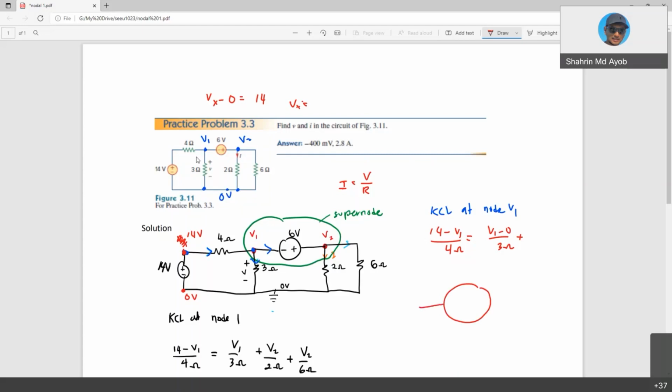Meaning that you have the current here through 4 ohms, then another one which is 3 ohms here, then another one 2 ohms, and another one which goes out to 6 ohms, right? So this is the supernode. You regard V1 and V2 as a supernode, and then you do the KCL at this supernode.